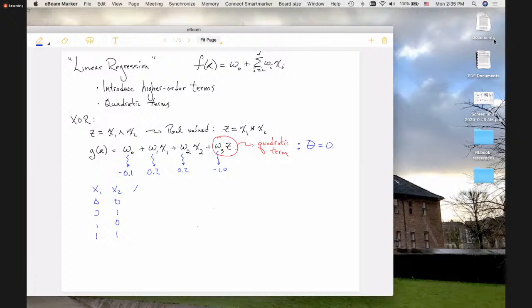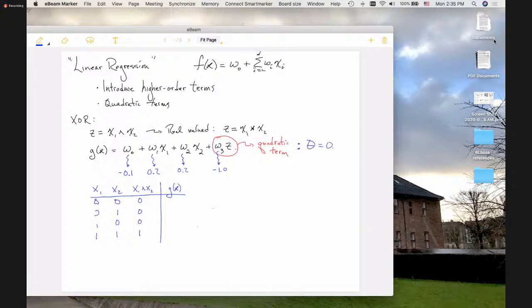And then when we look at x1 and x2, this is the table we're going to use.